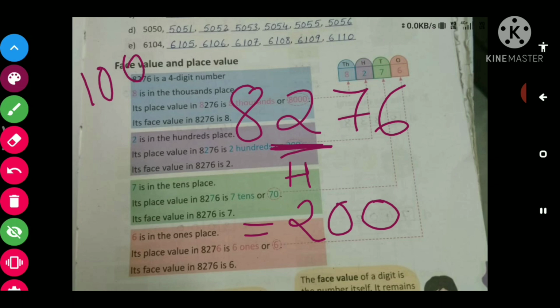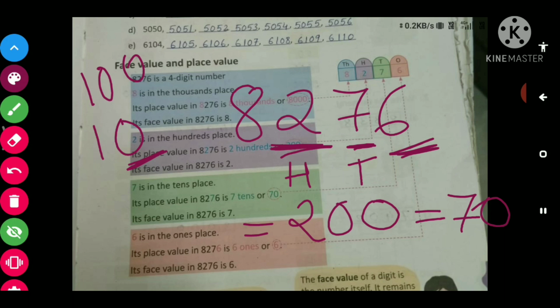If I'm asking about the 7, we'll write 7, and this stands in the tens place. Ten having 1 zero, so we'll put 70. And there will be no change in the ones place. Whatever number is in the ones place, the place value will be the same only. We will not put any 0.